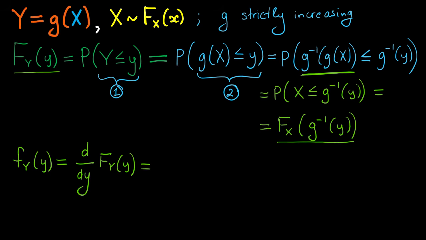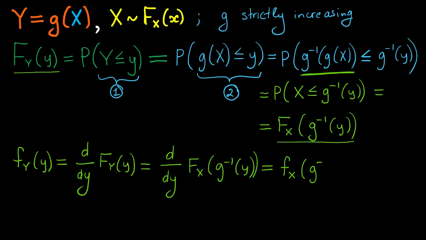So the PDF of the random variable y is just the derivative of the CDF of the random variable y. And now let's replace the CDF of y with the derived value in terms of the CDF of x. And now we apply the chain rule, and the derivative of the CDF of x evaluated somewhere is the PDF of x evaluated somewhere.